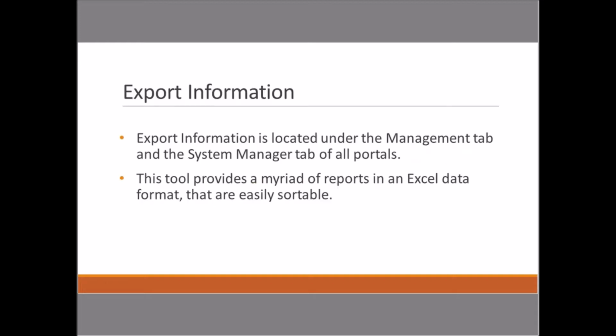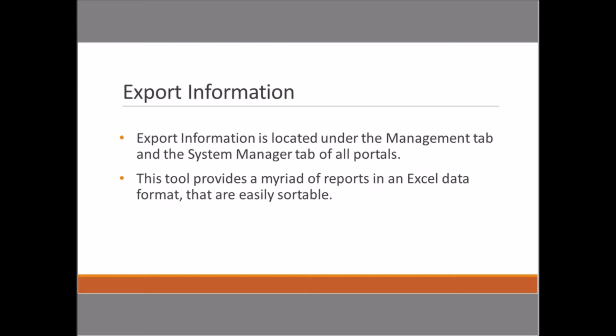So to get started, the export information menu is located on every portal that we have. If you have employee records, jobs, volunteer, ProDev, there is an export information tab or menu. It's actually located on most systems in two places, under the management tab and under the system manager tab.